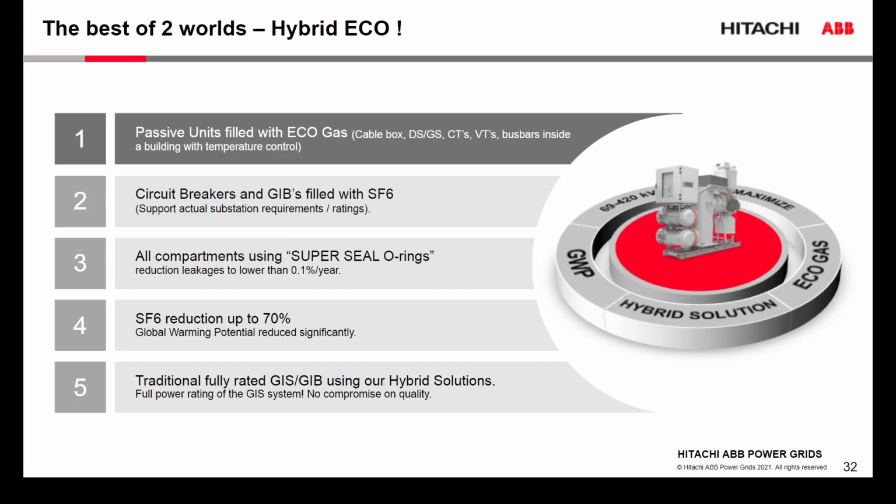So you reduce the amount of SF6 in the GIS technology while also reducing the leakage rate of the equipment itself. And with its reduced leakage rate, you also have a much lower environmental impact with that technology.